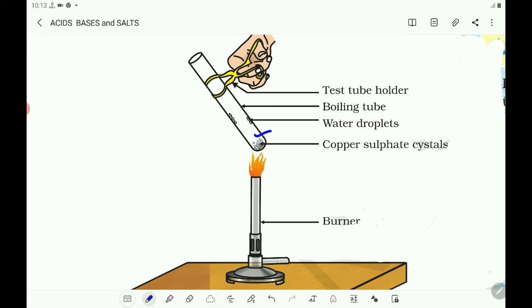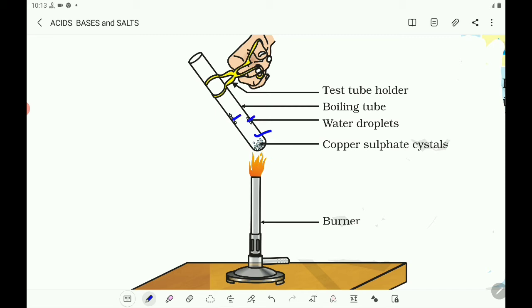You know the color of copper sulphate. Copper sulphate is blue in color. What is the color of copper sulphate after heating? You notice water droplets in the boiling tube.